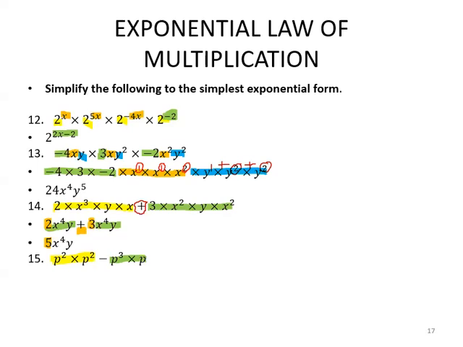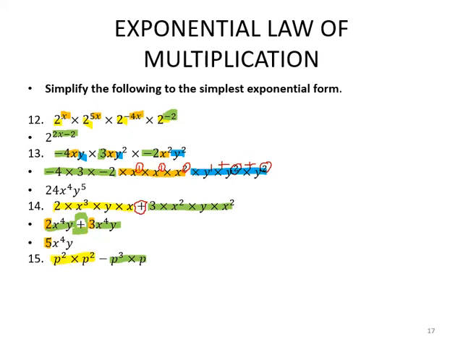Multiply the same bases, you add the exponents, right? You only add the exponents when you multiply the same bases, not when you add same bases. In number 14, we multiplied the same bases, but then in step 2, we were adding. Someone is probably confused, asking why we don't have x to the exponent of 8? It's because we are adding in between. You only add the exponents when you're multiplying, not when you are adding or subtracting.